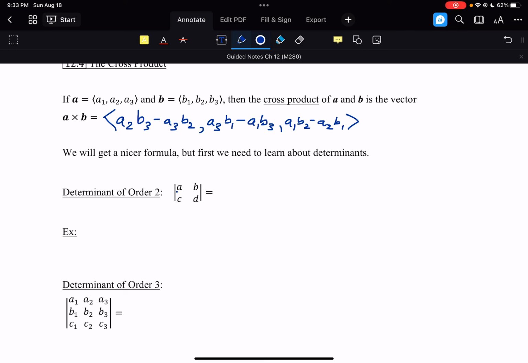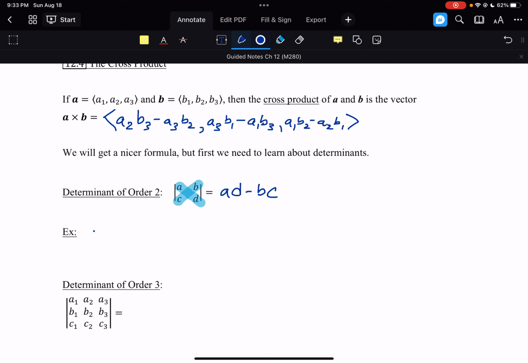We have this little 2x2 matrix here, this little grid. If we want to take a determinant of order 2, so that's of a 2x2, basically we take AD minus BC. So we go across the diagonals there. That's going to be AD minus BC. This is a formula we have for these little 2x2s.